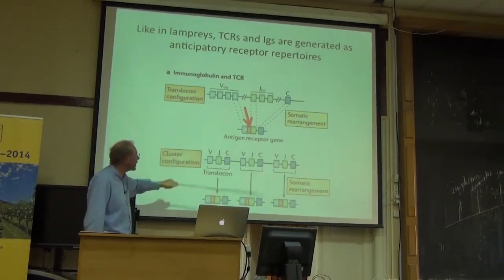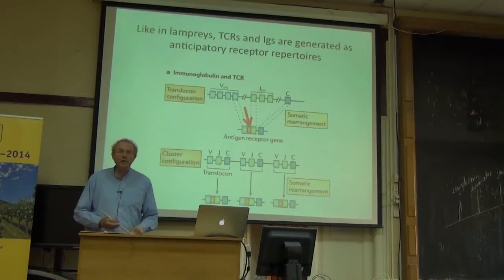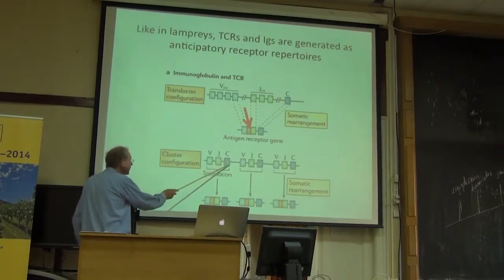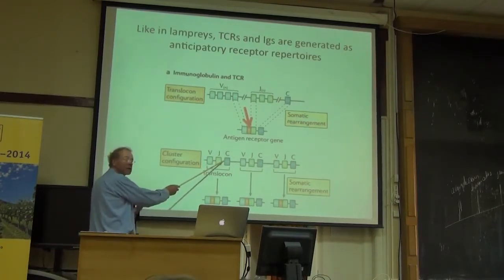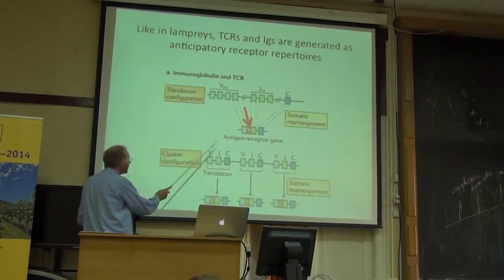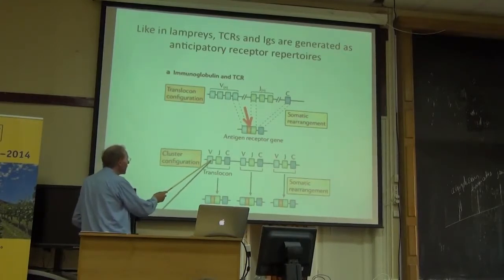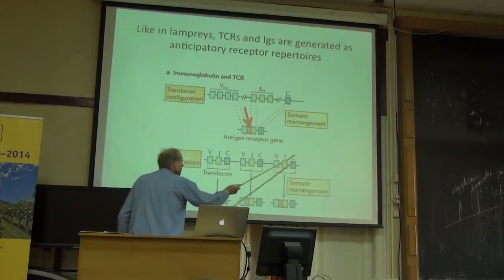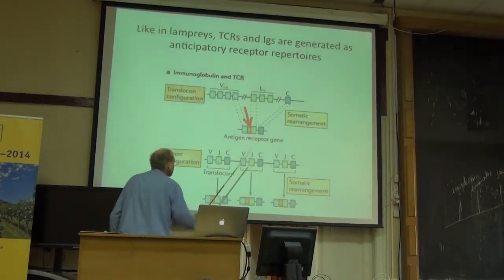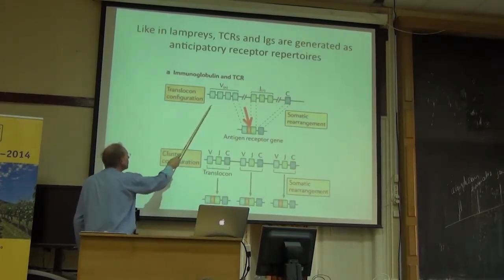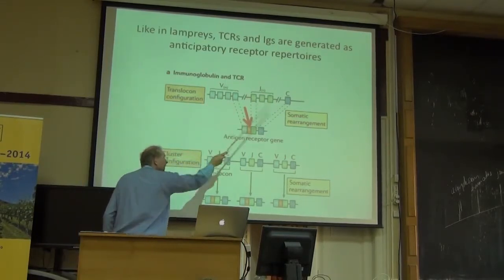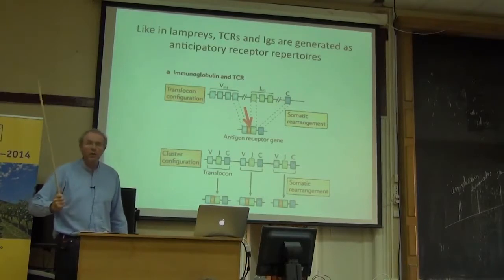And there are two different types, just out of interest. This is the primitive form, duplicated VJC. We had that before. So we had a constant region that is the transmembrane and the cytoplasmic domain. We have this J and the V. We can either use this en bloc duplication to make many of these, or we can duplicate internally: V, V, V, V, V, J, J, J, J, J, and normally one C, but we can also duplicate the C's.